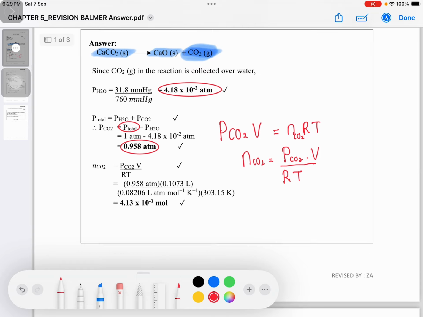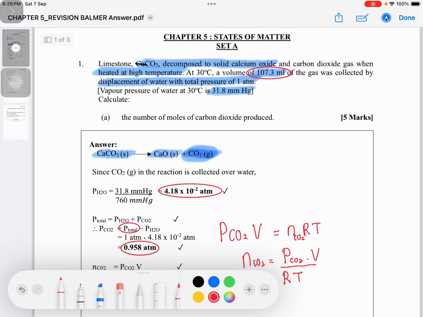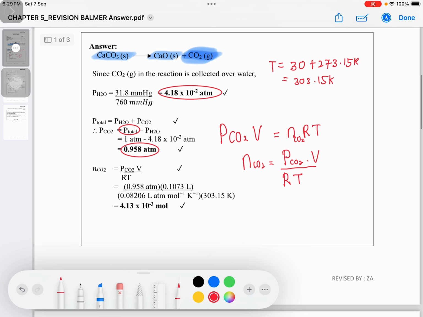The temperature given is 30 degrees Celsius, so convert to Kelvin: 30 plus 273.15 is 303.15 Kelvin. So n is equal to PV over RT, and we have the number of moles of carbon dioxide as 4.13 times 10 to the negative 3 mole.